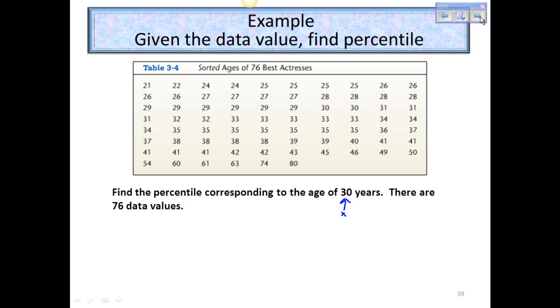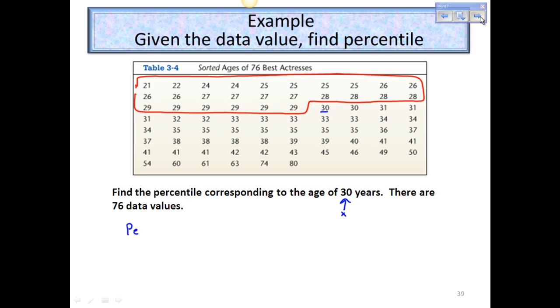Now the formula was to take the number of data values less than x. So find your data value. There's 30. And there's actually 2 30s, but that's okay. Just pick the smallest one. And then we want to count the number of data values that is less than that. So counting those, we see that there are 26 of them.